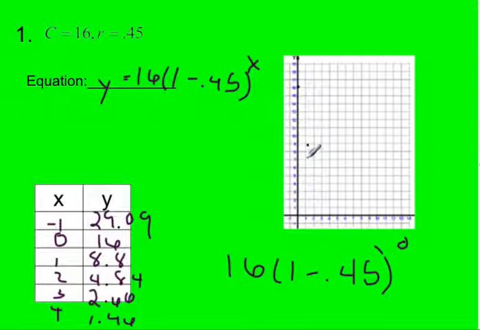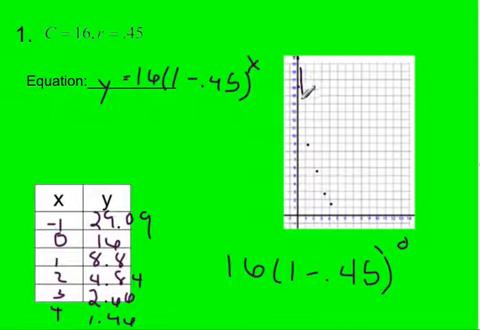Then over 2, up 4.84, almost all the way to 5, which is right about here. Then over 3, up 2.66, almost all the way to 3. Then over 4. Oops, this one should be over here. And when we go over 4, we're going to go up 1.46, which is like going up 1 and then halfway.